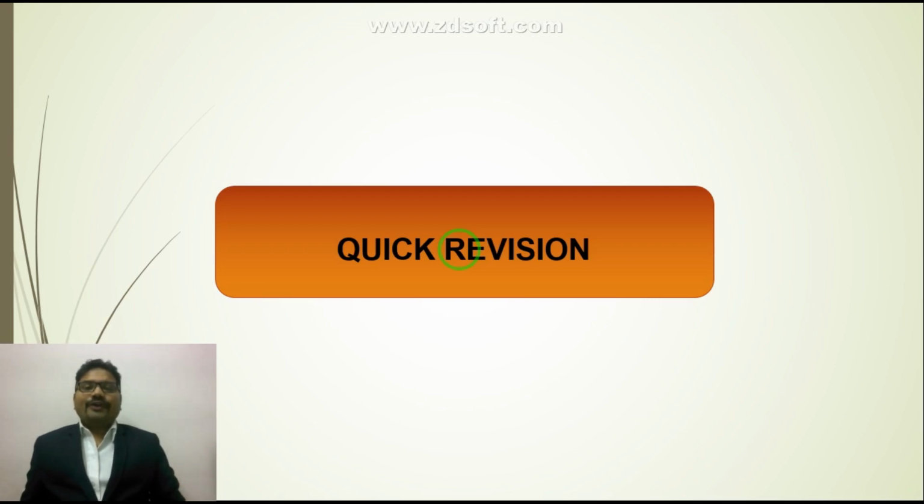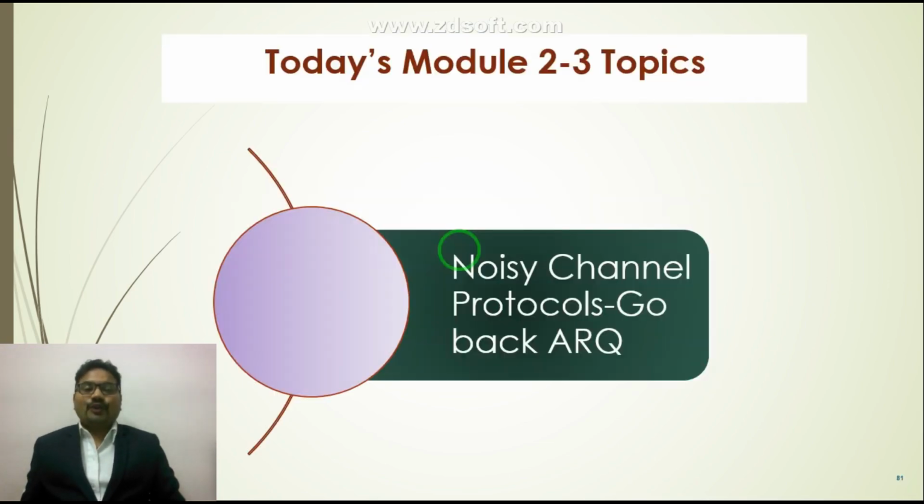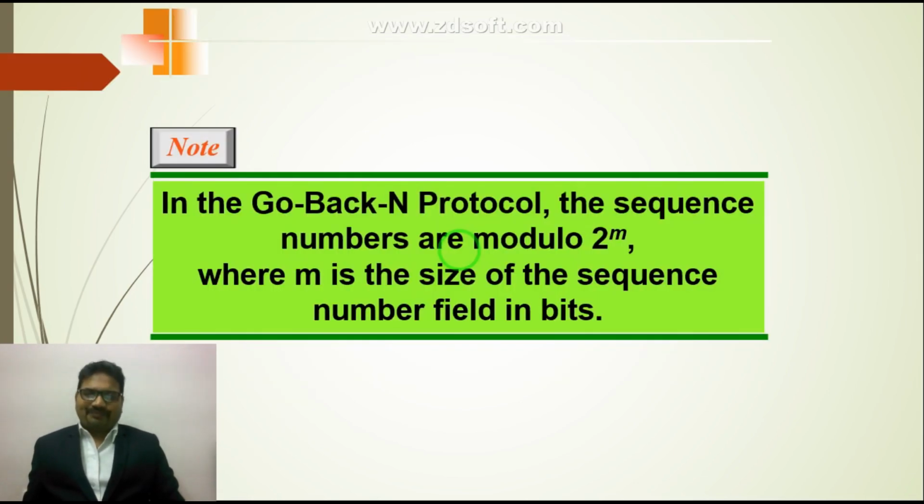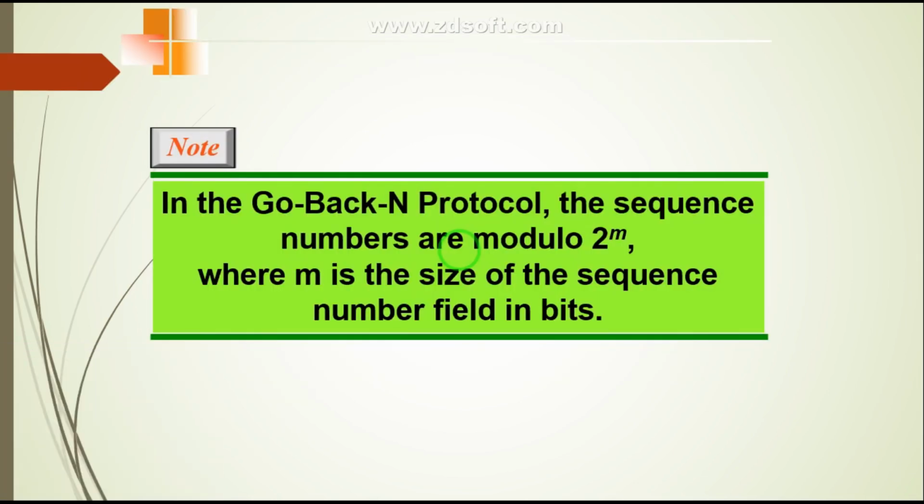In order to overcome these disadvantages, let's start with today's protocol, that is Go-Back-N ARQ. In Go-Back-N ARQ, the sequence numbers are modulo 2 raised to m, where m is the size of the sequence number field in bits.